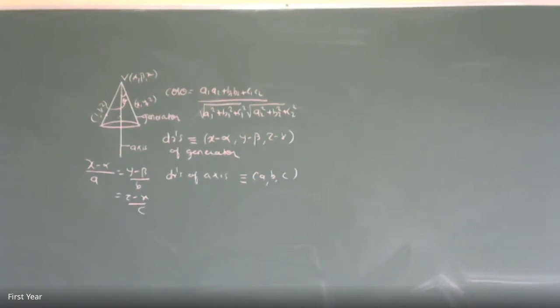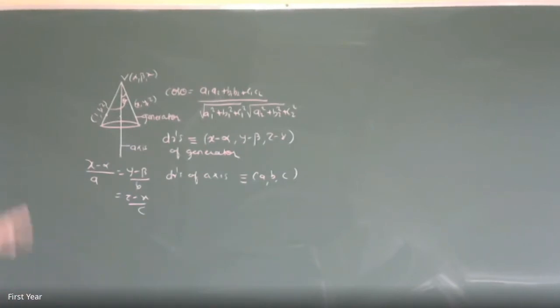Find the direction cosines of the axis of the right circular cone through these lines, and find the semi-vertical angle. Okay, so after you find the semi-vertical angle, you know how to go about it.